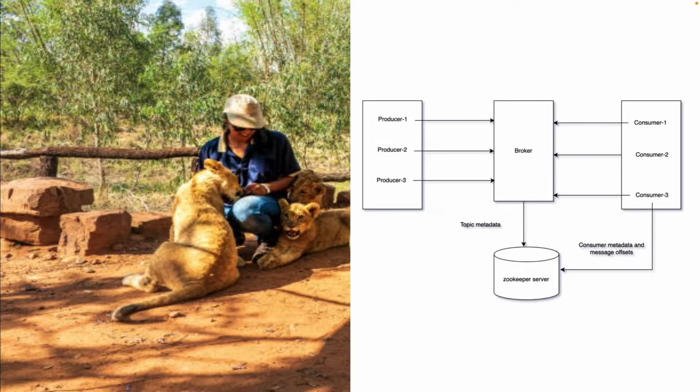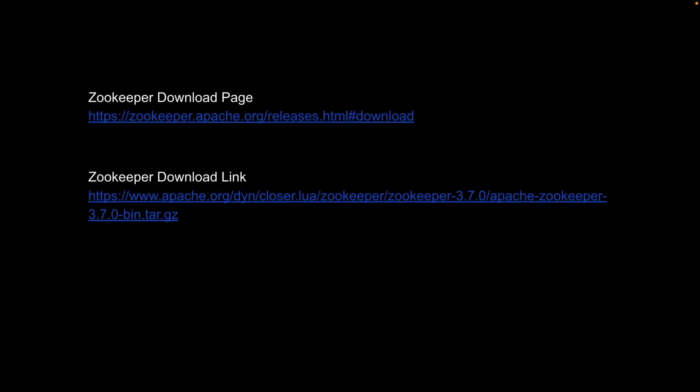So now let's go into installing Zookeeper. Firstly, before downloading Zookeeper, you have to make sure that you already have Java installed. You can also check this on Google. We are not going to talk about how to install Java on your computer here.